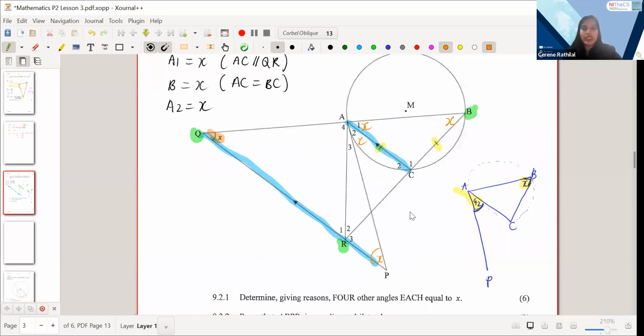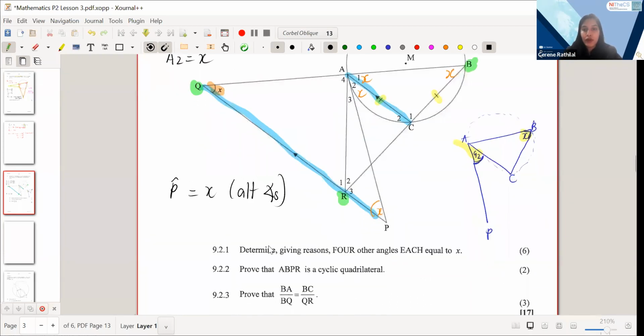And so therefore A2 equals P using alternate angles because AC is parallel to QP. Okay, so that's the fourth one that we have found. Wonderful. Right, so we have that P equals X because of alternate angles. Okay, I'm quite happy with that.